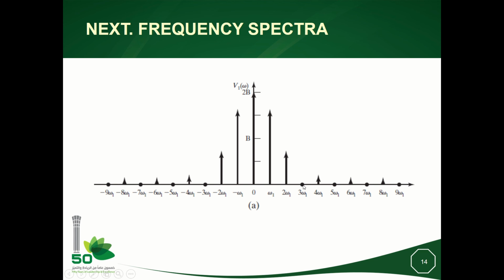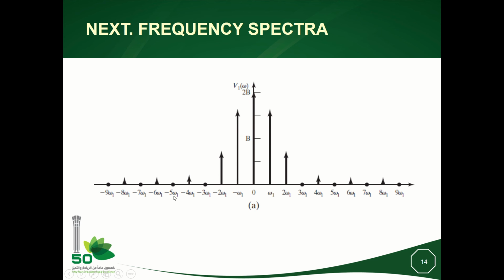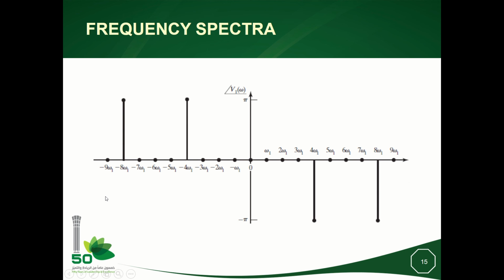Okay, so at 3, 5, 7, 9, so all the terms here will be 0. Otherwise it is of the form sine x over x, which is evaluated at some specific omega.